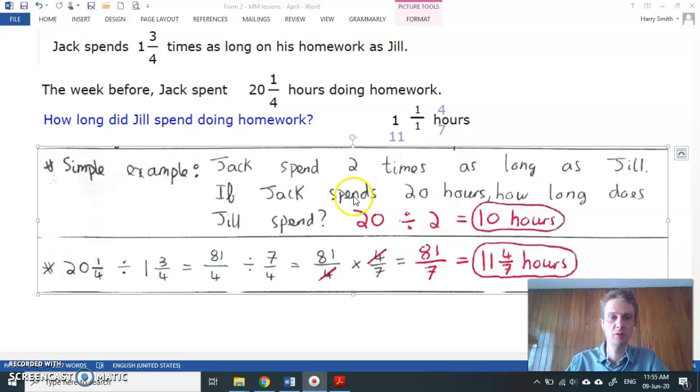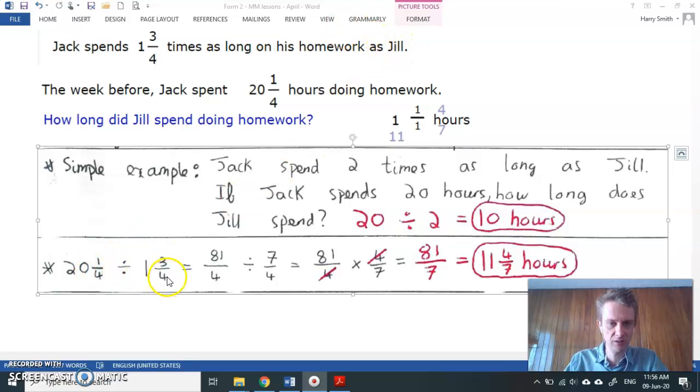We need to do the amount of time that Jack spends, which is 20.25, divided by the multiplier, the 1 3/4, how many times as much he spends as Jill.